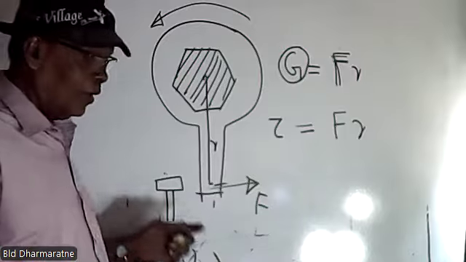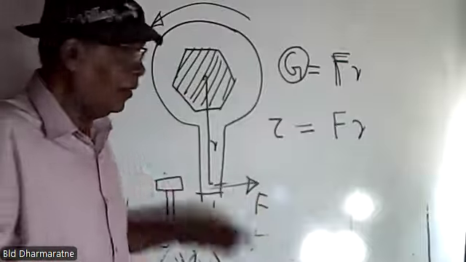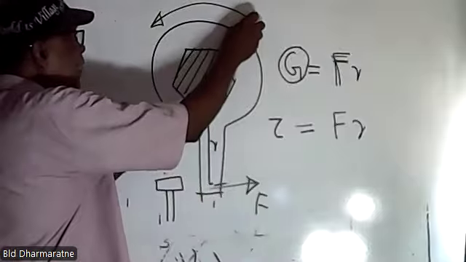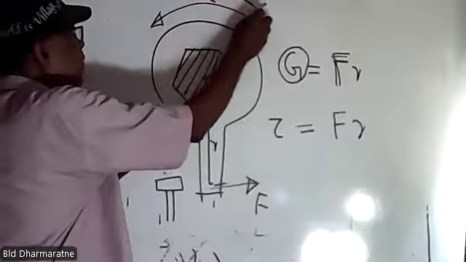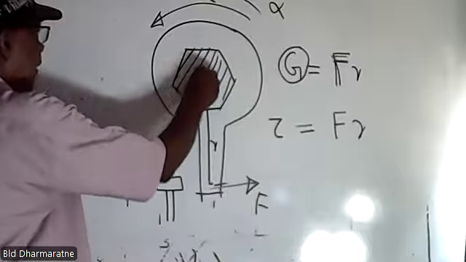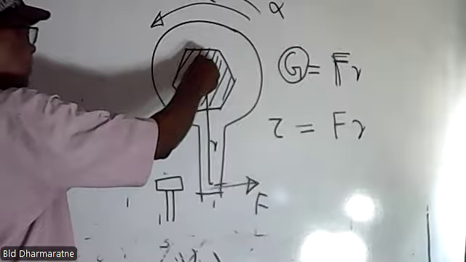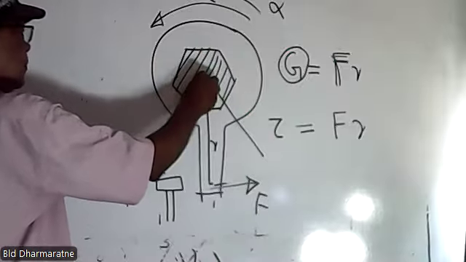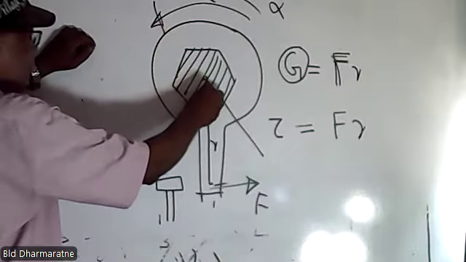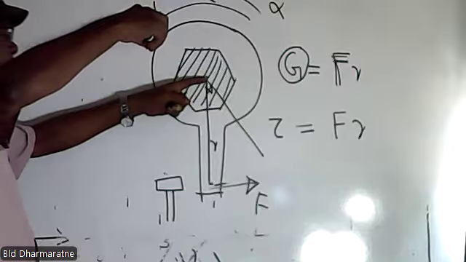Now, torque is related to the angular acceleration. Actually, we apply the torque here. This is the angular acceleration alpha, and it is perpendicular to this axis, like this, perpendicular to the board plane.